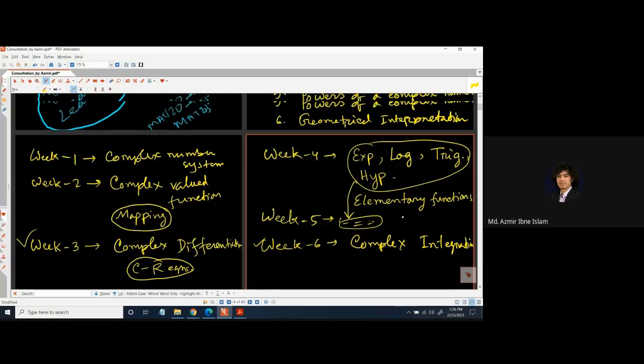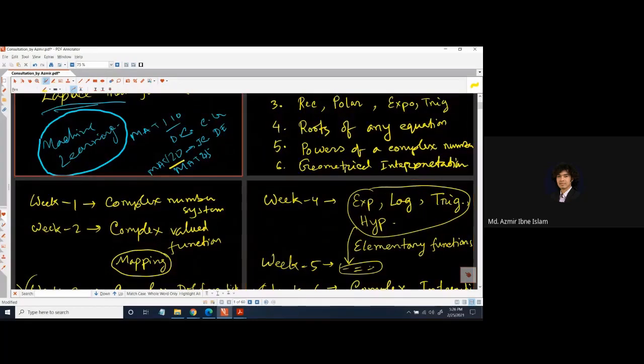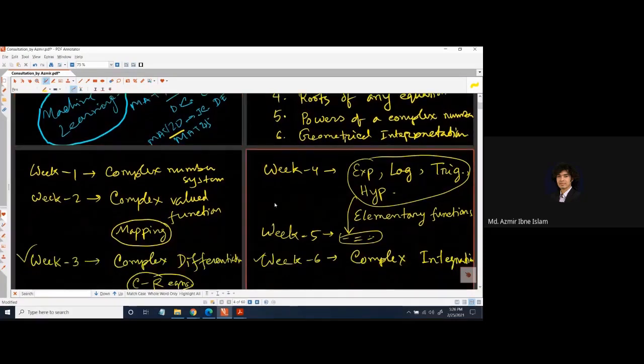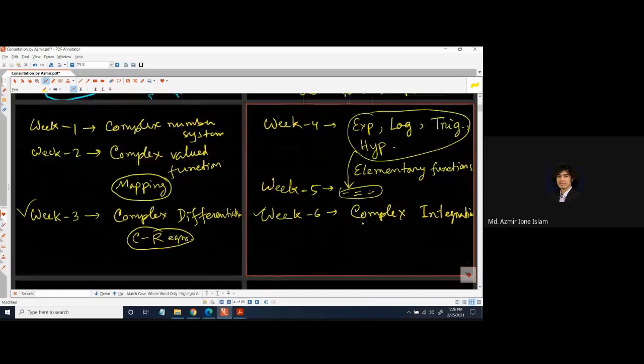So just like in Math 110, we have learned how to integrate a real valued function. But here, you will learn about complex valued function and how to integrate complex valued functions.